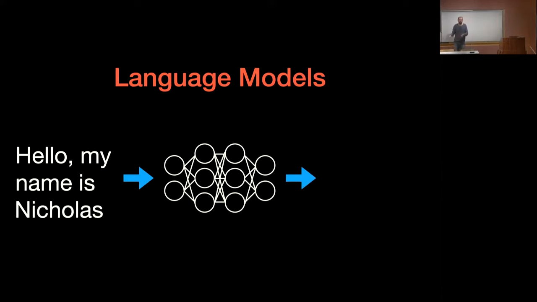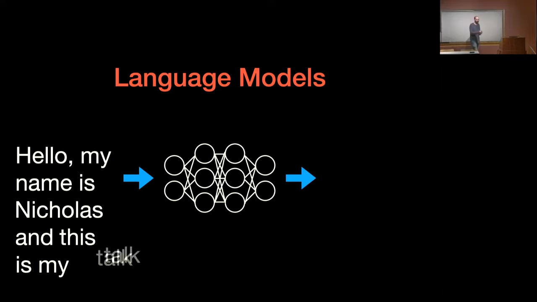You put the output back into the input, you repeat, and you can use the model this way to generate entire sentences. And this is great. This is what language models are at a high level. But there are many levels of abstraction you could view things at. I see language models as classifiers. A language model is a classifier that takes in a sentence and labels it according to the next word that's going to come out.